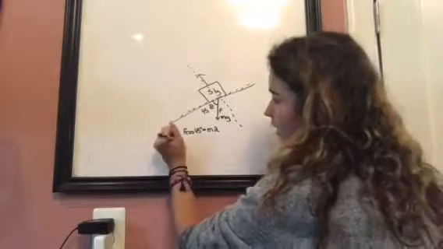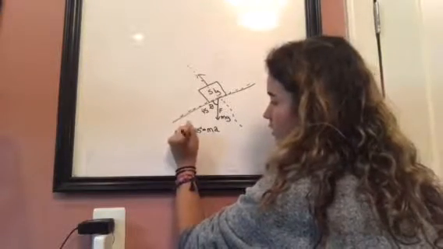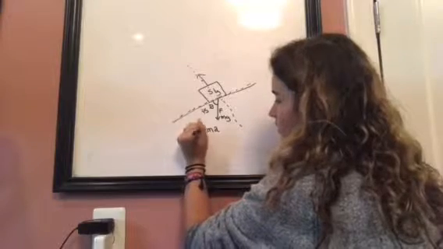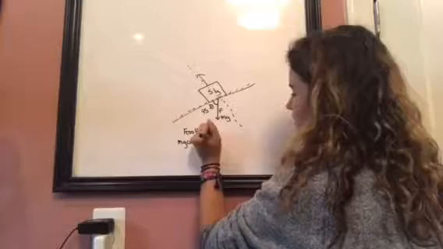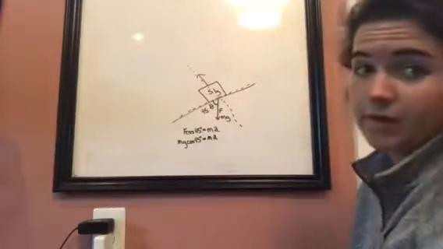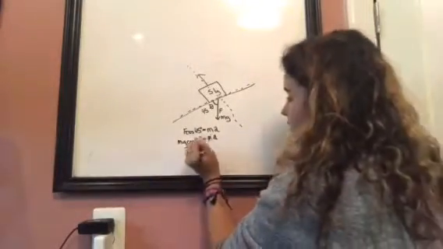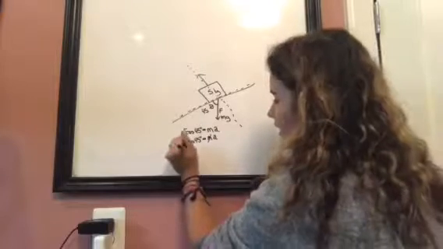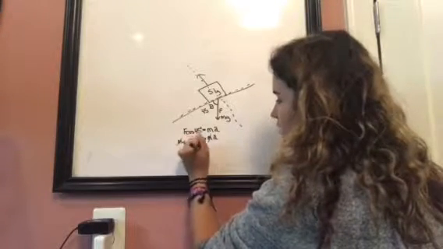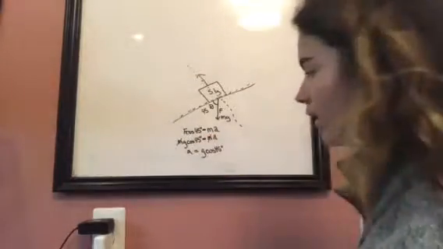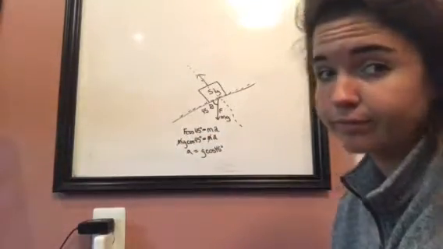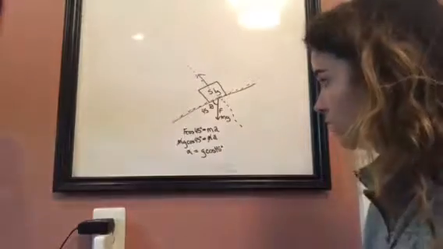So if we plug in mg cosine 45 degrees equal to mass times acceleration, using basic laws of algebra, you can cancel out the m's, which leaves you with a equal to g cosine 45 degrees. I don't have my calculator with me, but that's basically the gist of the problem.